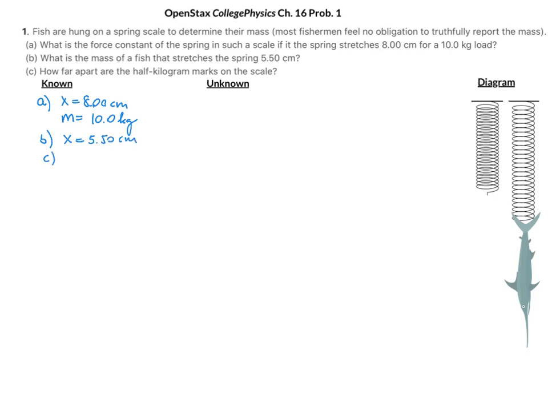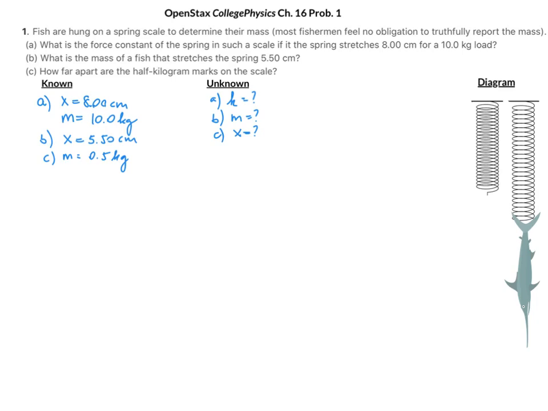And in part C, we know that the mass is half a kilogram, so mass is 0.5 kilogram. What we're looking for in part A is the spring constant. In part B, we want the mass of the fish. And in part C, we want the x, how far apart.